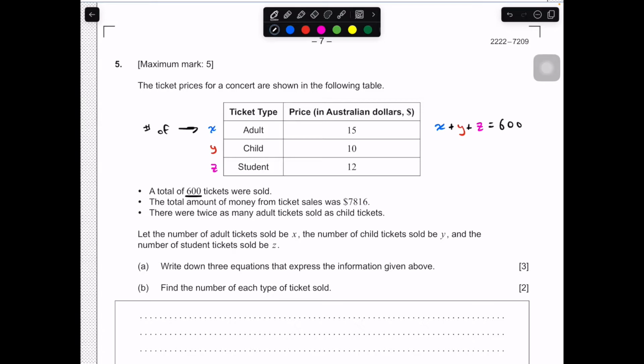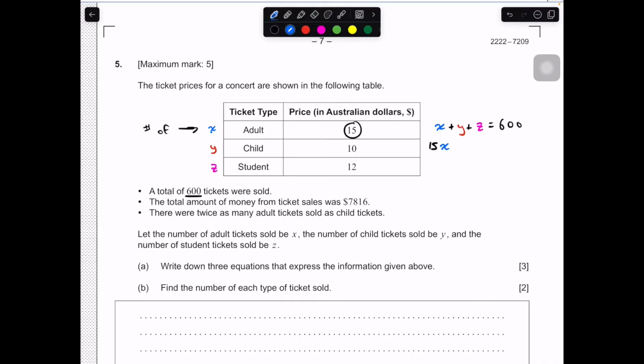The total amount of money from ticket sales was $7,816. So what do we know? We know that for every adult ticket we sell, we make $15. So we have $15 for every adult ticket. Remember, x represents the number of adult tickets that we sell.